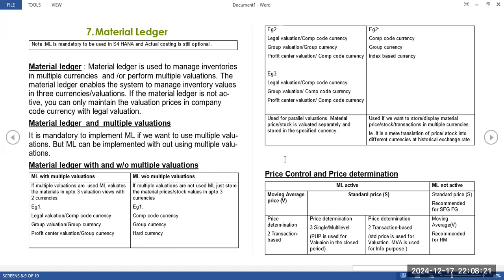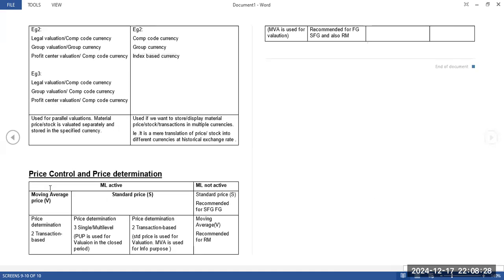Price control and price determination. Use for parallel valuations, material price stock is evaluated separately. So material prices are evaluated separately for 3 valuations and stored in specified currency.